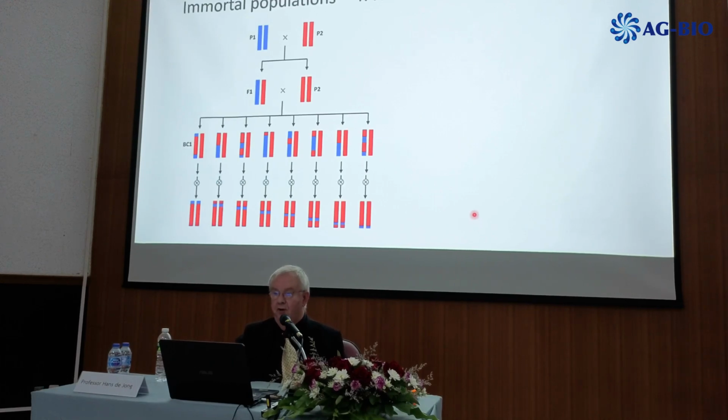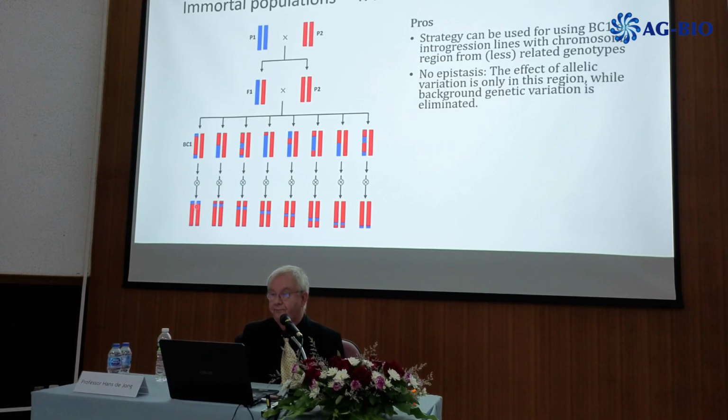Once you have recombinant inbred lines, you can cross one back with a heterozygous F1, and you get this kind of situation in which one chromosome is recombinant and the other is not. You make a couple of backcrosses, the same way as for recombinant inbred lines, and then you get lines that contain only a very small segment of the blue chromosome, a small introgressed segment. And that is very good if you want to map your QTLs on the chromosomes for sure.